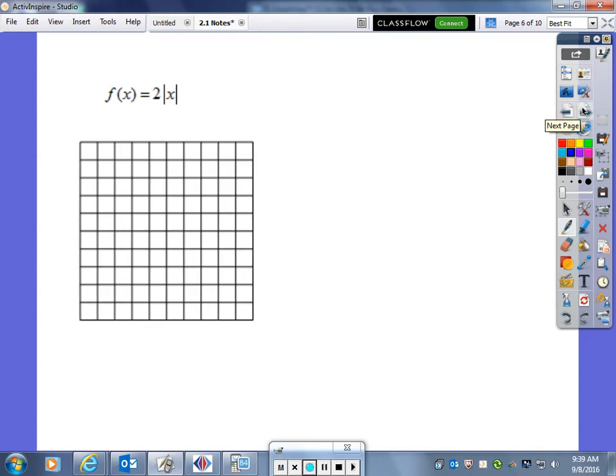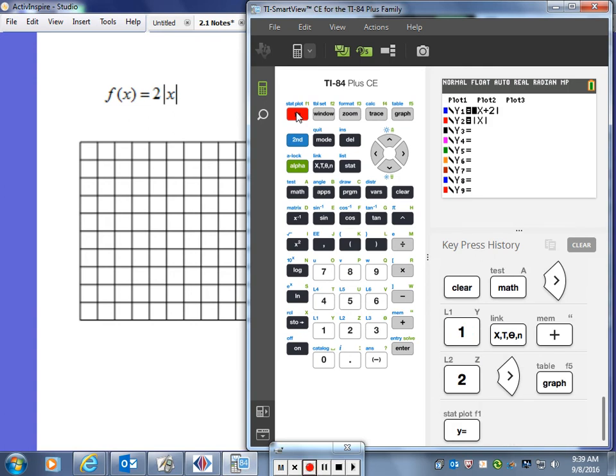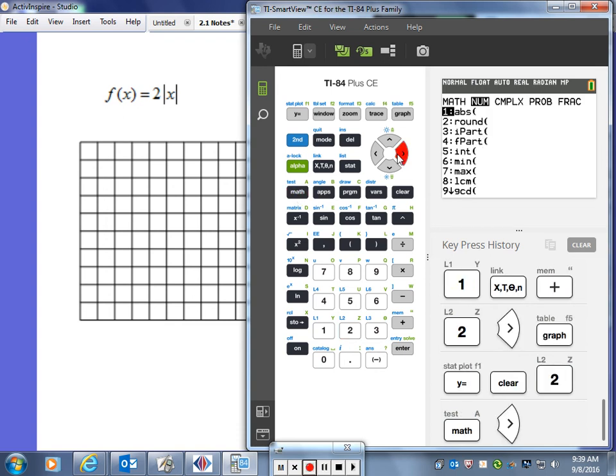f of x is equal to 2 times the absolute value of x. Make sure that you keep the 2 outside of the absolute bars.